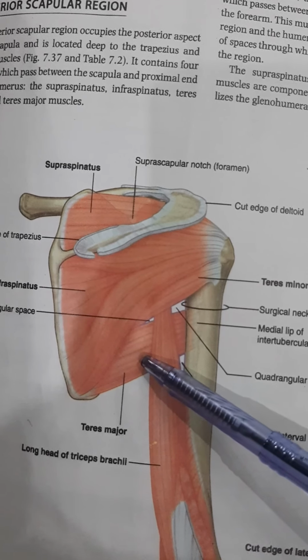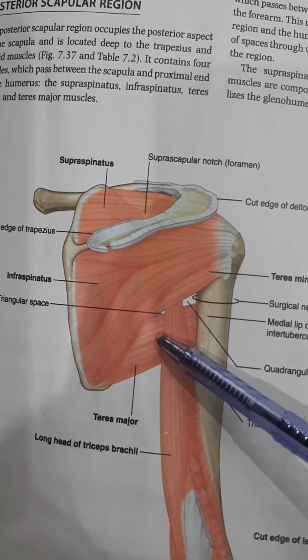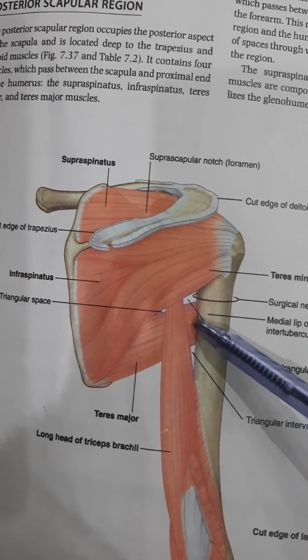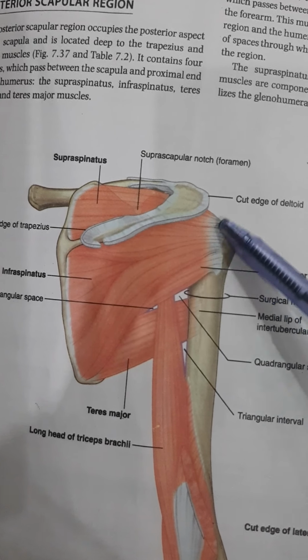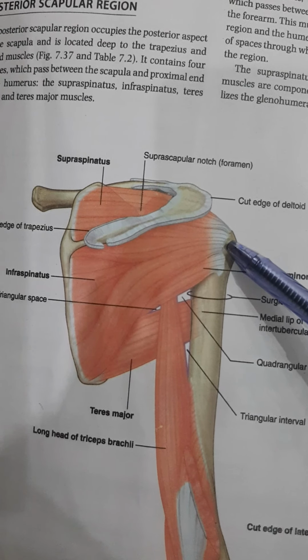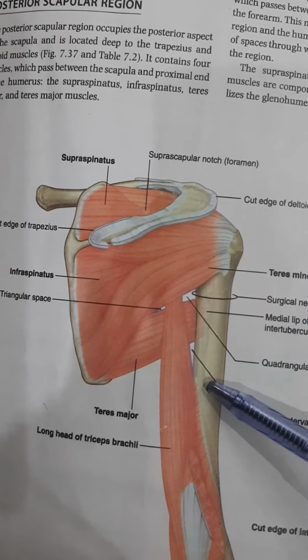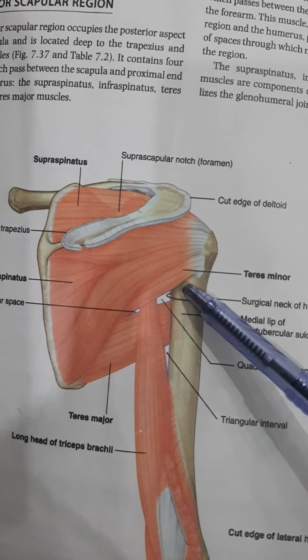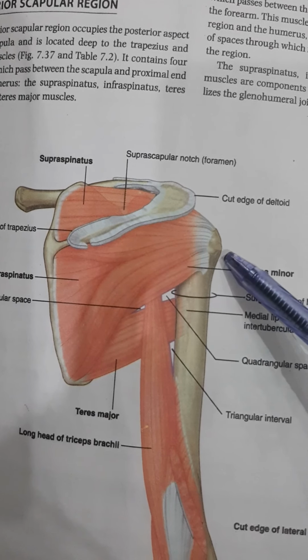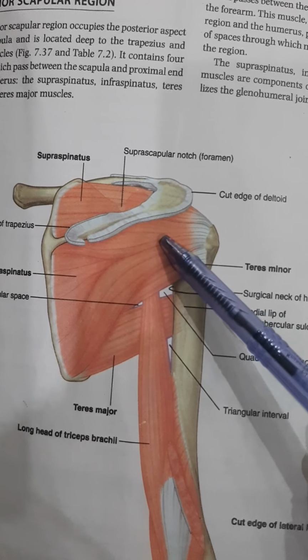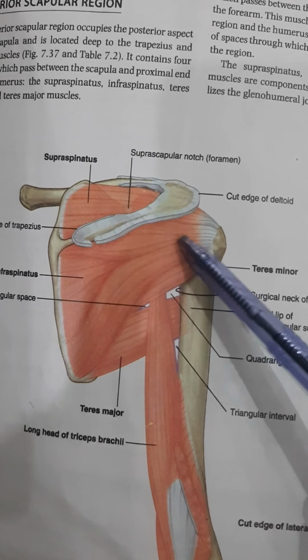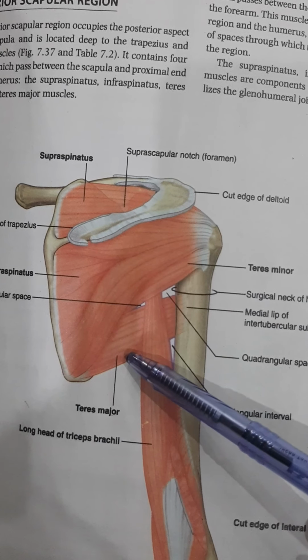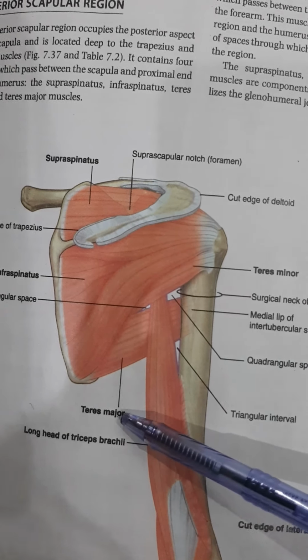Now infraspinatus causes the lateral rotation of the arm at the glenohumeral joint. Teres minor also causes the lateral rotation of the arm. Infraspinatus and teres minor both cause lateral rotation, but the teres major causes the medial rotation of the arm.